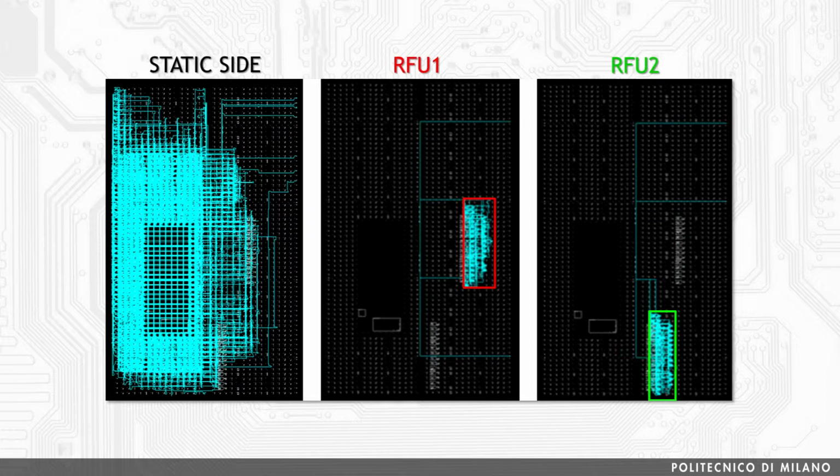But while the PRM design one is working on the implementation of each PRM, where a PRM in the Xilinx terminology is a partial reconfigurable module, the same as our reconfigurable functional unit, the base design is working on all the elements of the design that are not reconfigurable.